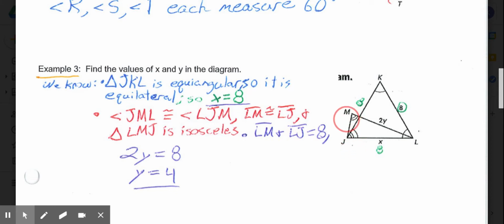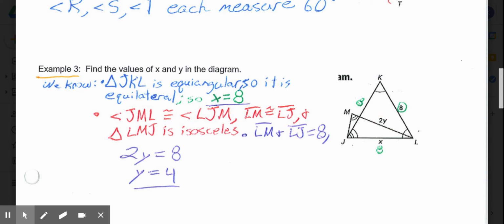So the two base angles of this triangle are congruent. So their opposite sides are also congruent, meaning 2y here is equal to this side here. So LM and LJ are both equal to 8.